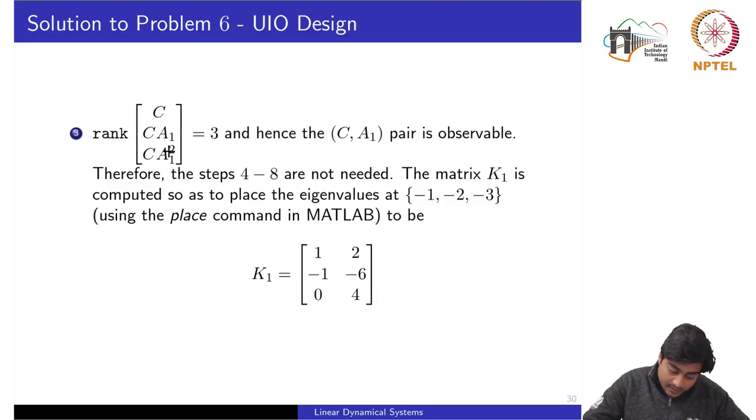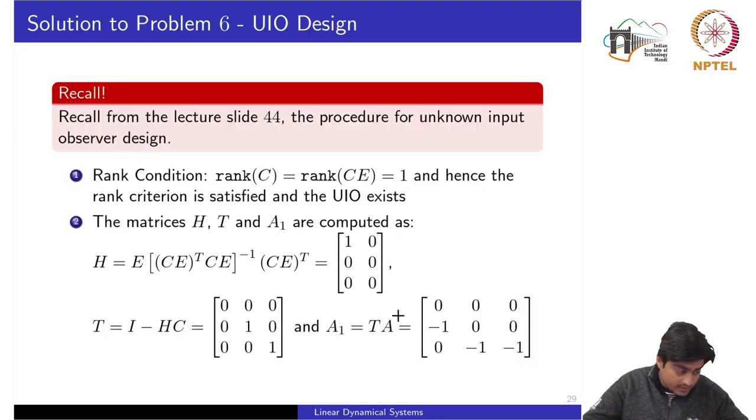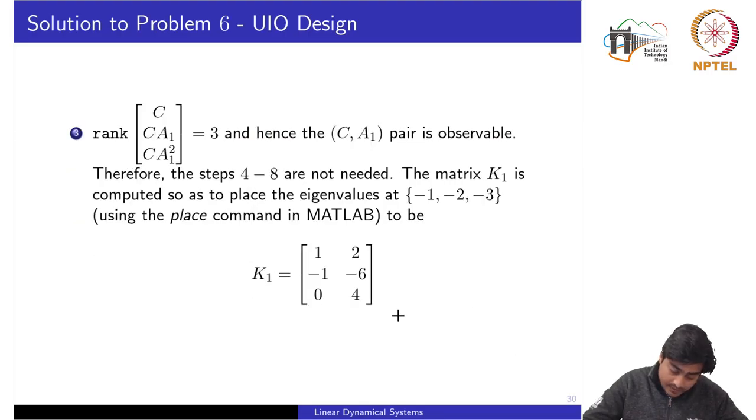In the third step, we need to investigate the observability of the pair C and A1, where A1 we had computed in the second step. Here we see that this pair is observable, so we do not actually need to go through steps 4 to 8, because in those steps we discussed how to compute the matrix K1 if the pair is only detectable.